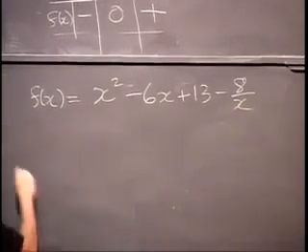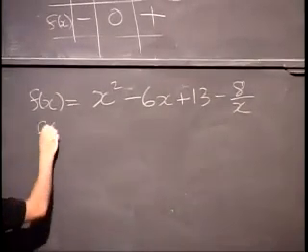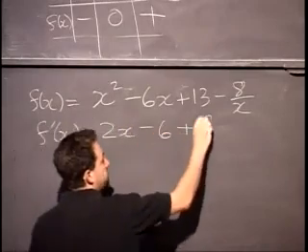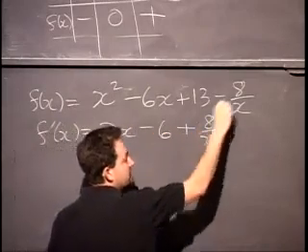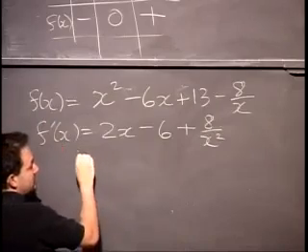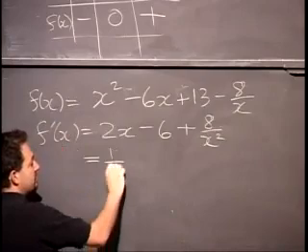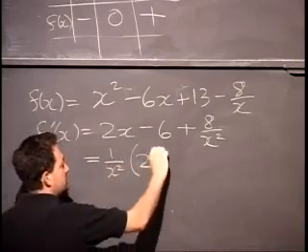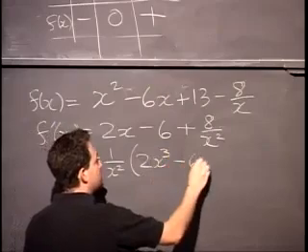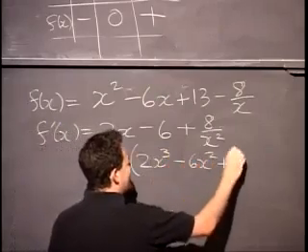And for step 8, we need to look at the derivative. You get 2x minus 6 plus 8 over x squared. Remember, the derivative of 1 over x is negative 1 over x squared. And so now I'll pull out the 1 over x squared and write this as 2x cubed minus 6x squared plus 8.